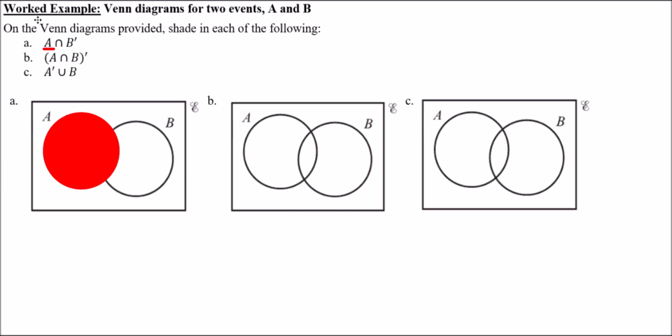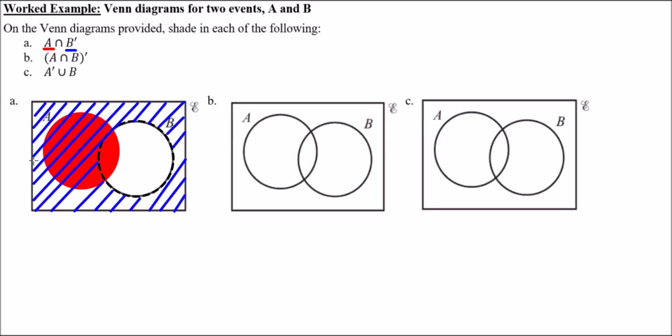So if I colour this in with blue lines to represent B dashed, then B dashed is all of this area where I've coloured over in diagonal blue lines. As you can see, I've dotted over where the circle B used to be, so no blue lines can go inside circle B because it's B dashed we're after. So we want the intersection of the red and the blue.